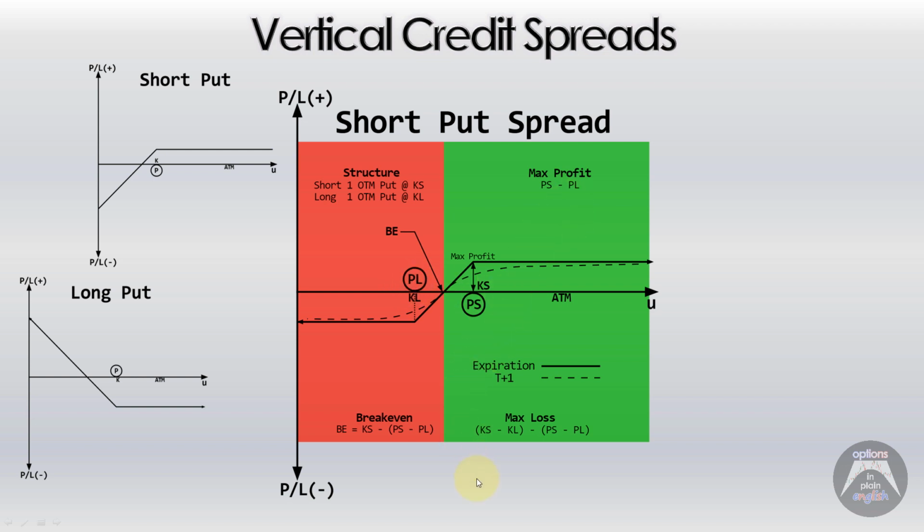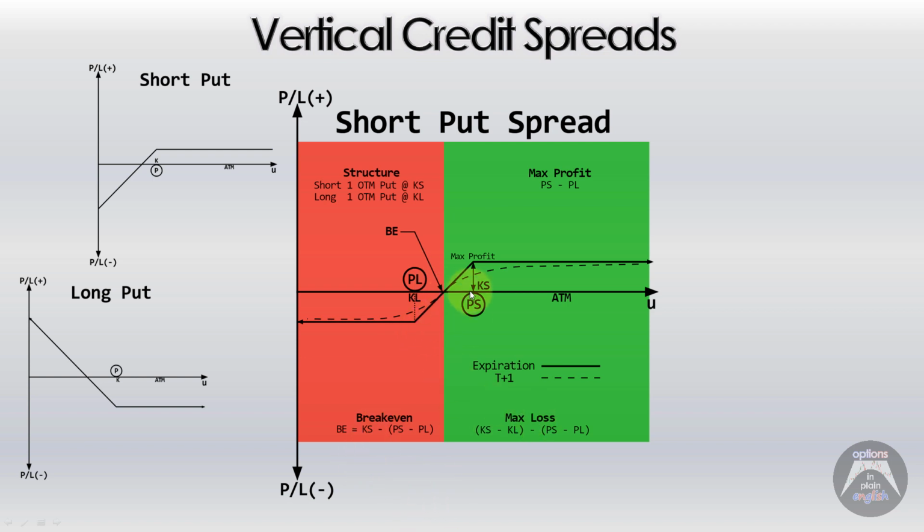Your max loss is going to be the width of the spread minus the credit you received, because this can expand all the way to the width of the spread, because this starts losing money 1-to-1 with the stock at expiration, but the losses are capped at the price where your long put starts kicking in.